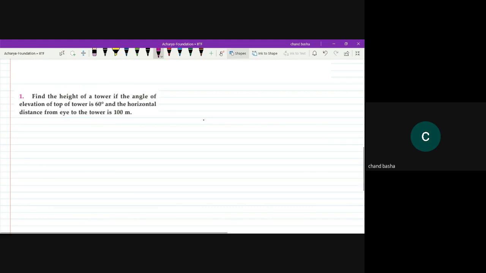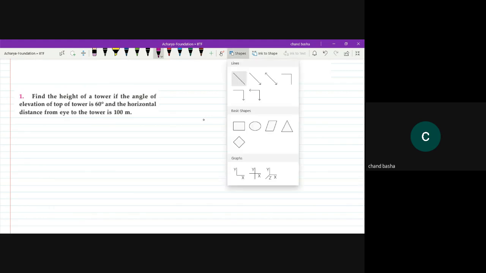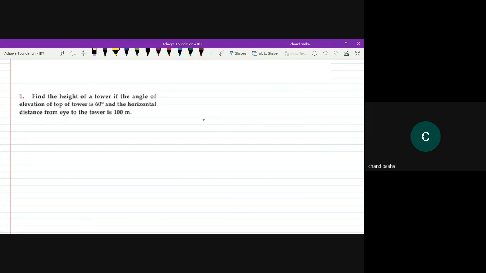Okay, so let us take the tower. So this is the tower, and we people are standing here. So the distance between these two will be given as how much? That is 100 meters. This distance is given to you, 100 meters.